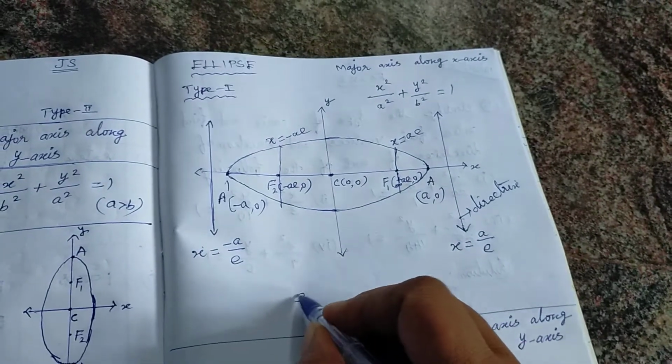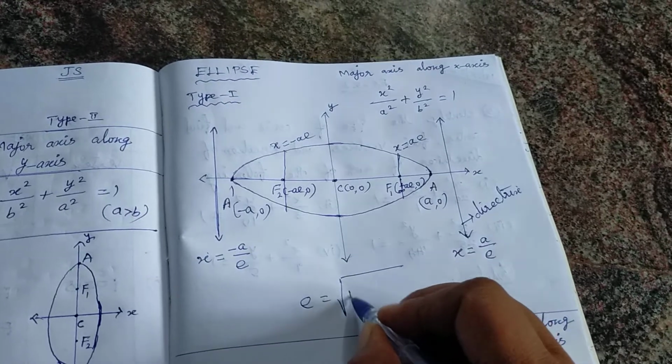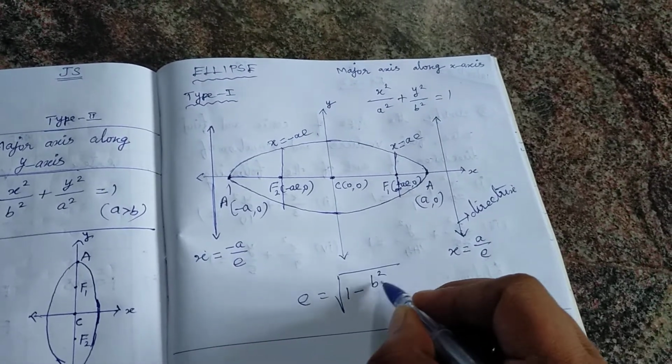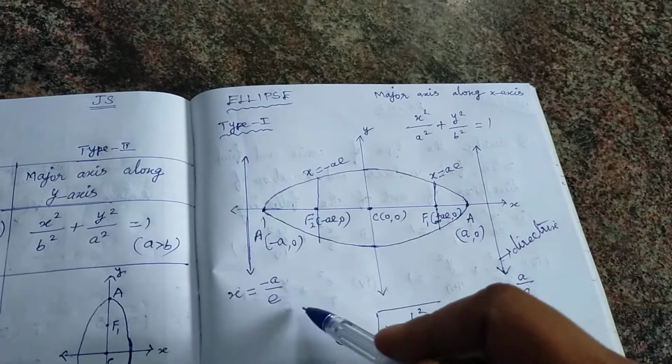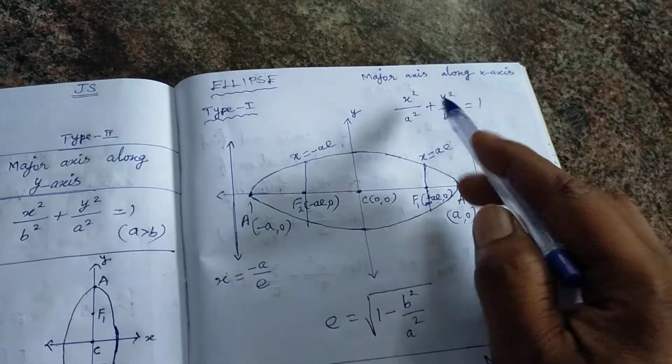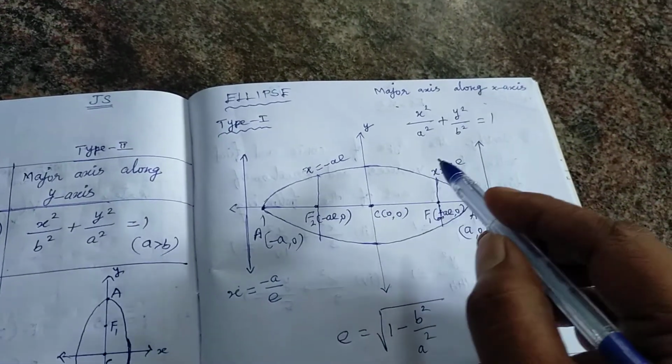Next, one formula we use often, e equal to square root of 1 minus b square by a square. Once again I repeat children, here the major axis is along the x-axis. First of all, what is the major axis?